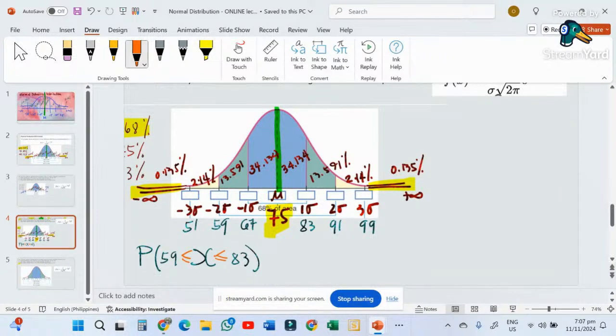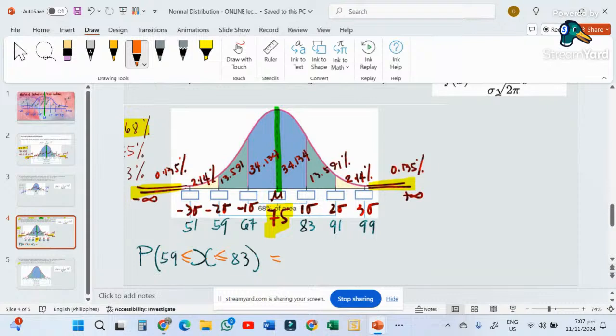You're going to get the probability density of X that is less than or equal to 83, so 83 is included, and X greater than or equal to 59. How do I read it? You have to read it from the position of X. X is less than or equal to 83. X is greater than or equal to 59. So that's how to read the range.